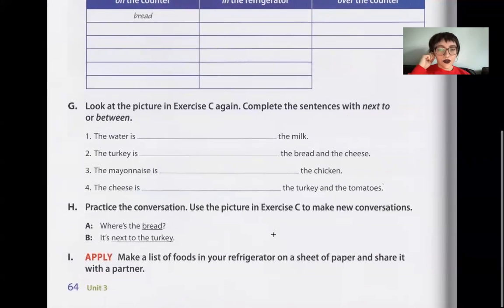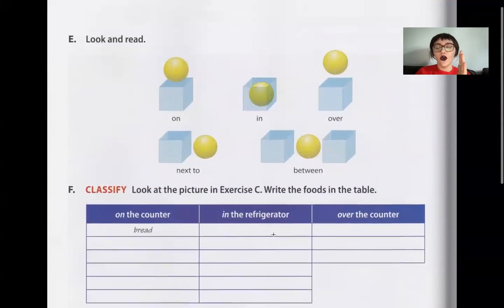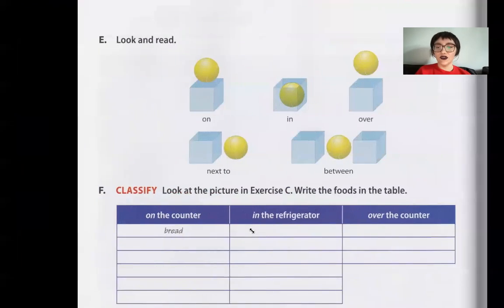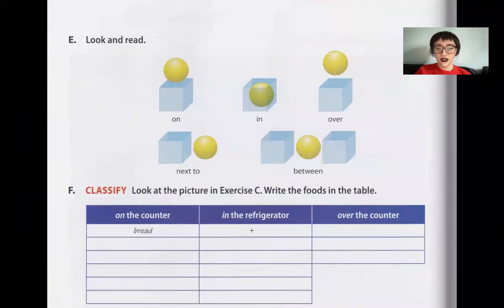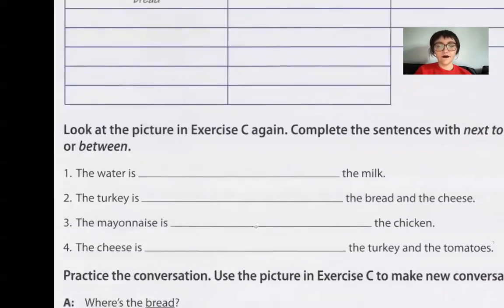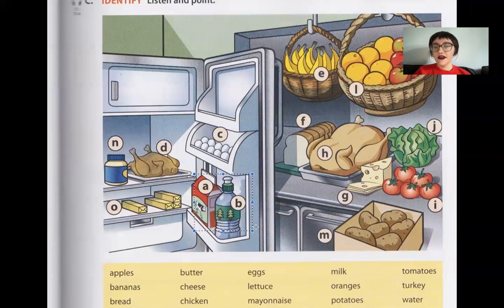Okay, so we can say the water is, right? If we use the words, we can say, oh, the water is next to the milk. The water is next to the milk, right? We can say the turkey is between the bread and cheese.